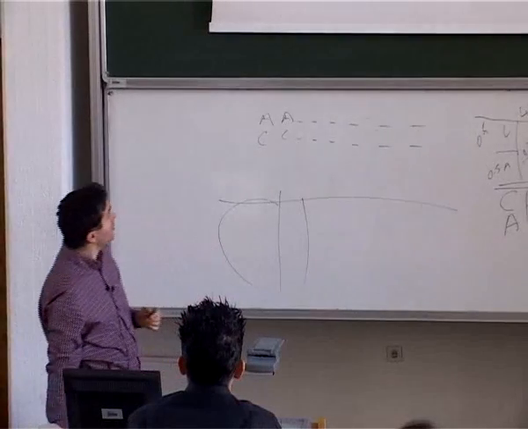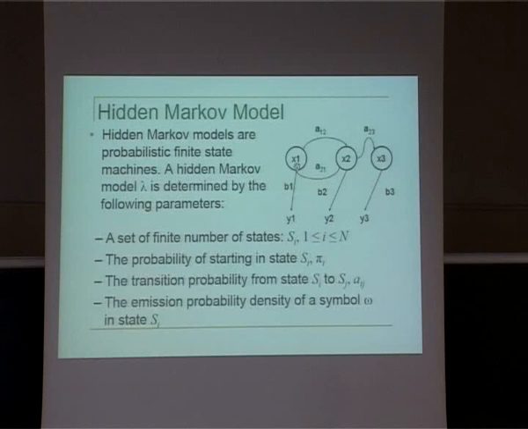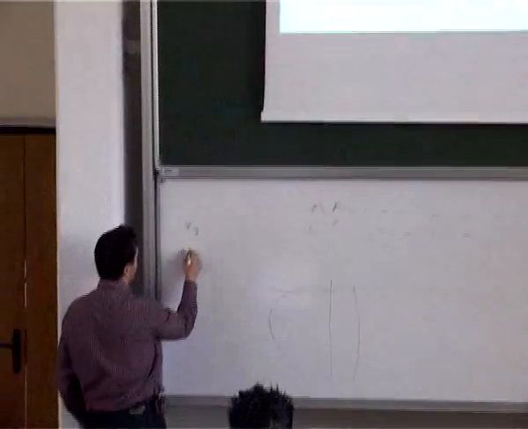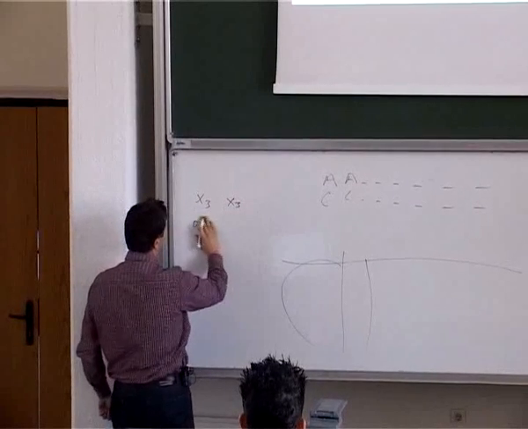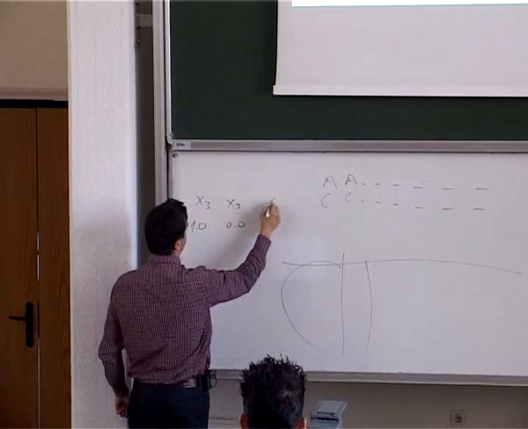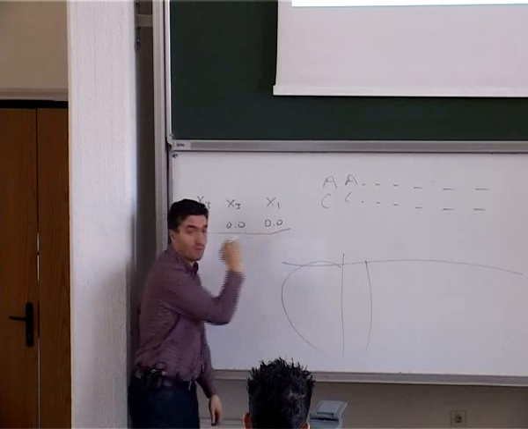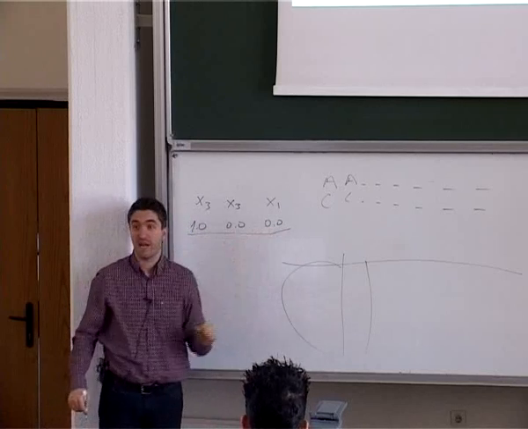Given a hidden Markov model, another parameter is the probability distribution of starting at states. We have 3 states here, x1, x2, x3. Such a parameter would be, for example, x3 is 1.0, x2 is 0.0, and x1 is 0.0. This is a probability distribution, because these numbers add up to 1.